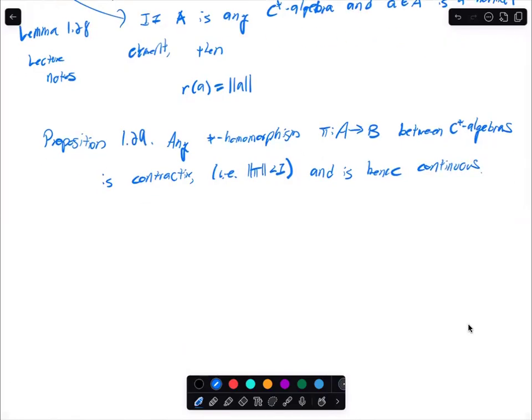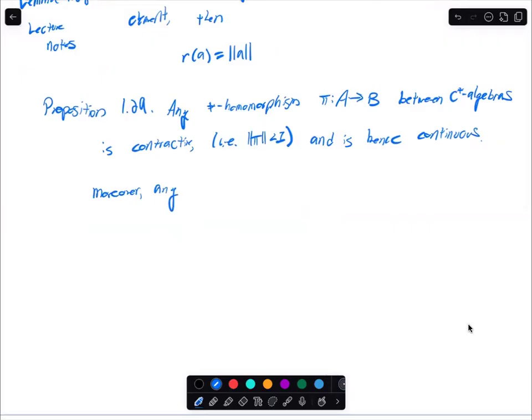Moreover, any star isomorphism is isometric, which is a huge departure from the general Banach space or Banach algebra setting.